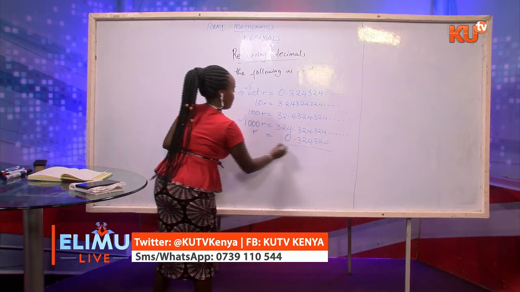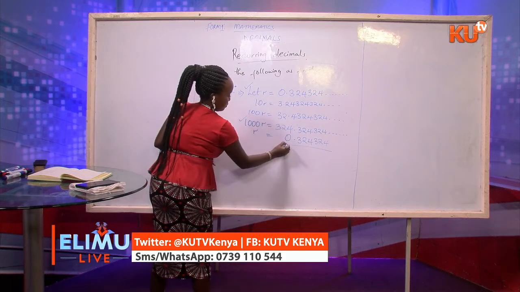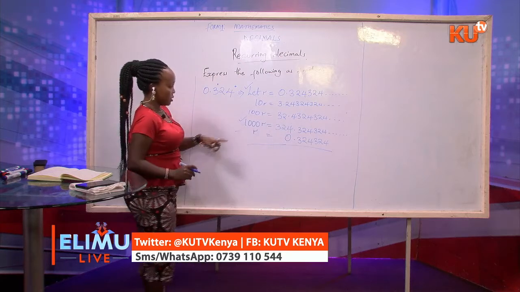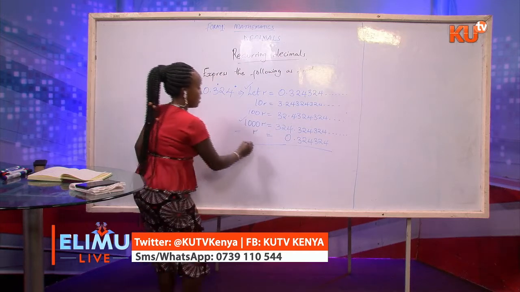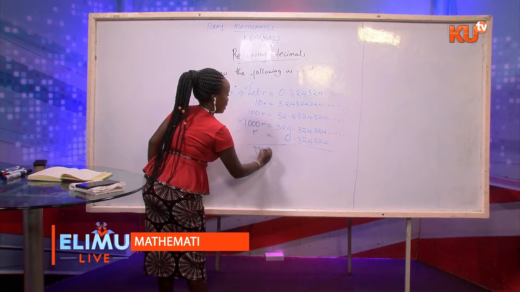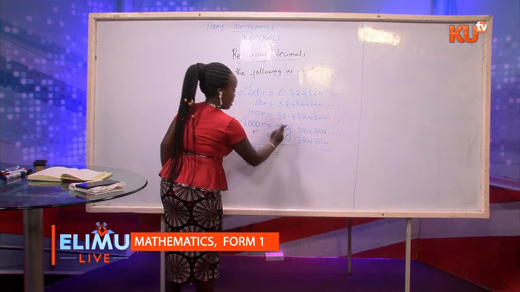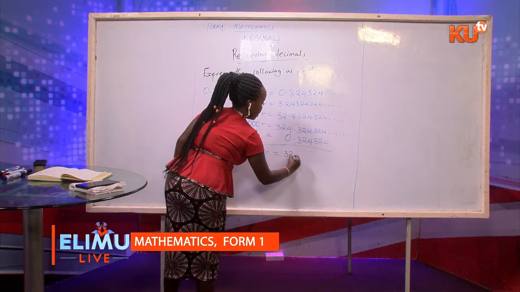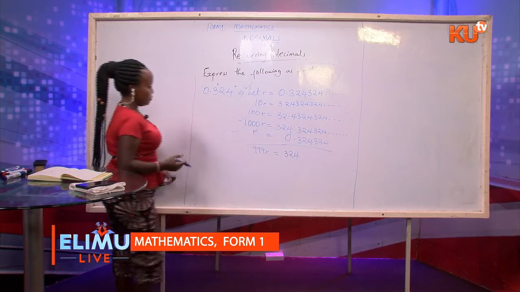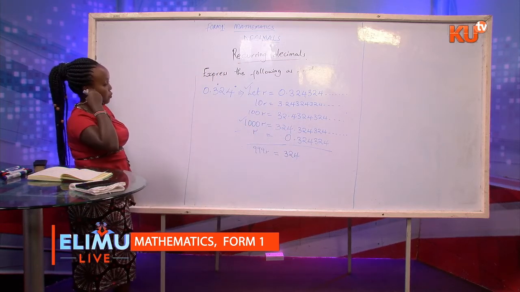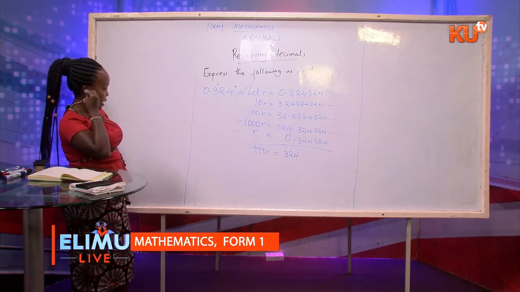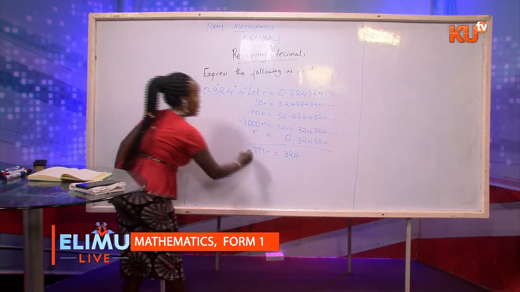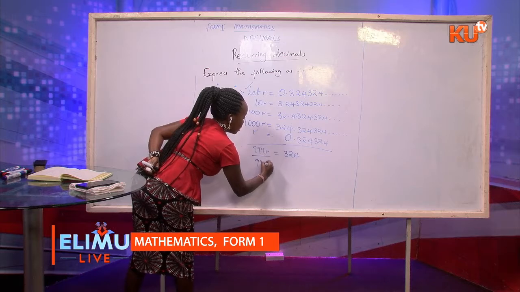Then we subtract. 1000R minus R is 999R, equal to 324 minus 0, which is 324. So we still have to get our R, whereby we are going to divide all through by 999.